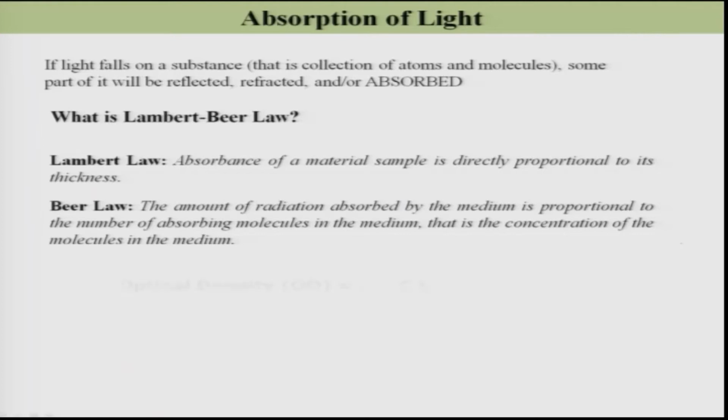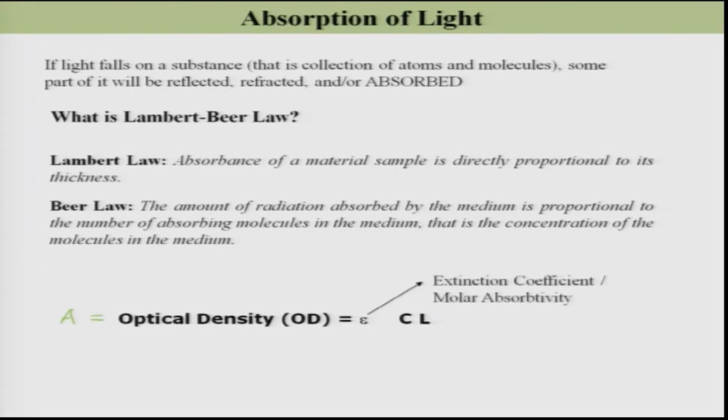So what I have is optical density, written as epsilon into C into L. This optical density is sometimes also called absorbance A. Here epsilon is the molar extinction coefficient or molar absorptivity, C is the concentration and L is the length of the medium.